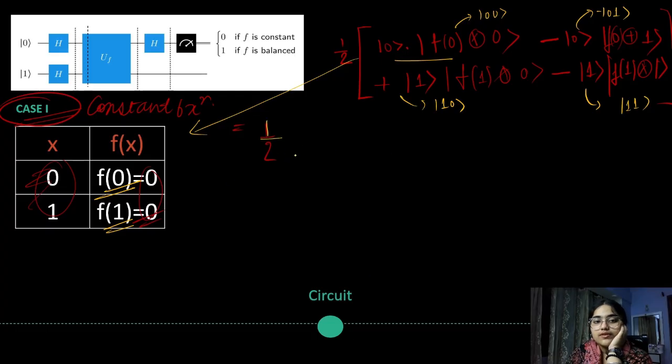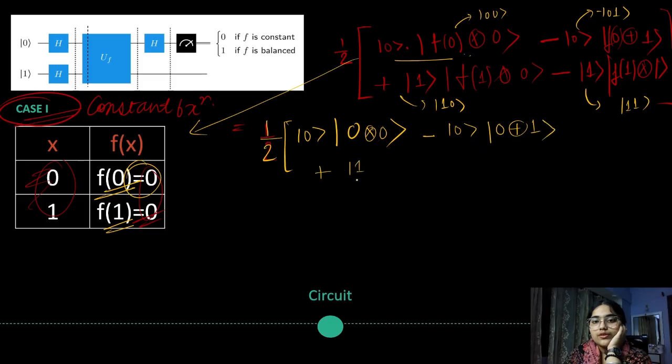So that's 1 by 2 times. Now, XOR operation: we put the values of f of x in this equation, that is gate 0 XORed with 0, minus gate 0 XORed with 1, plus gate 1 XORed with 0, minus gate 1 XORed with 1.